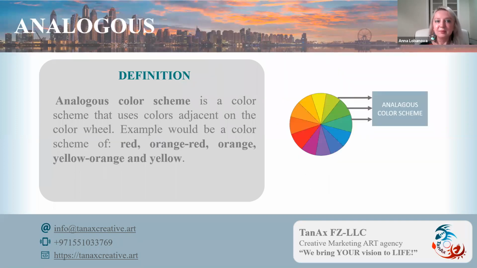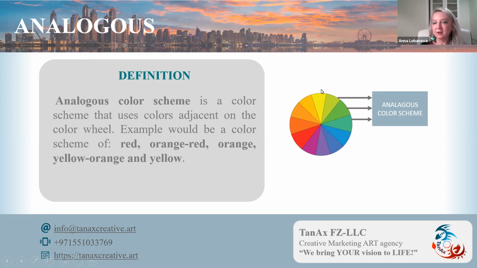But here we go to the analogous color scheme. So what does analogous color scheme mean? We have seen the color wheel, right? We said there are primary colors, red, yellow, and blue, and everything in between.